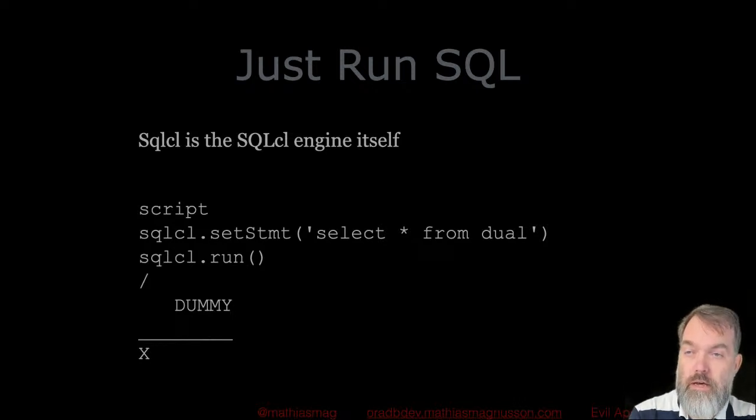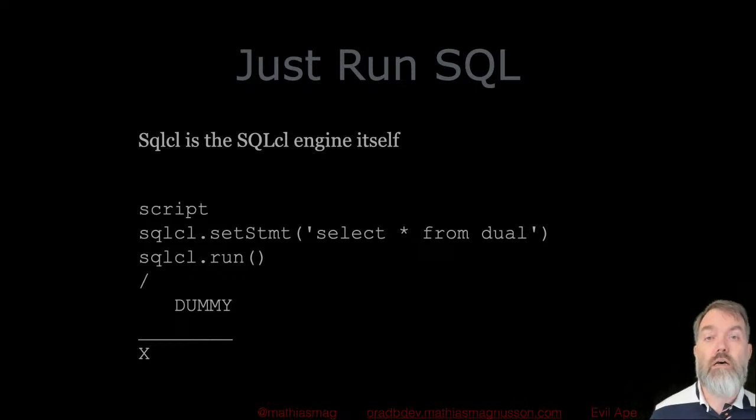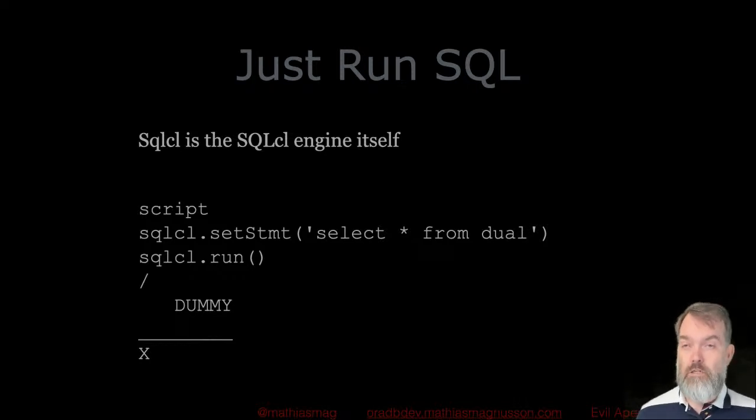So here we say SQLcl dot set statement. We're establishing the statement that we want to be able to run. And the next statement just says let's run the statement that we have. This executes select star from dual. The output we see here is exactly what we would expect to see in SQLcl.